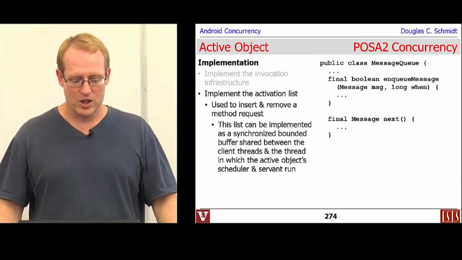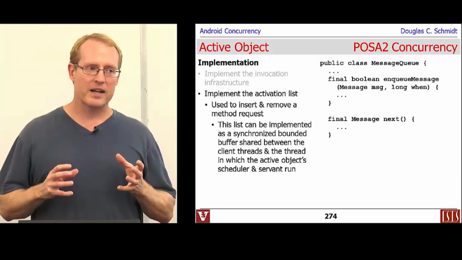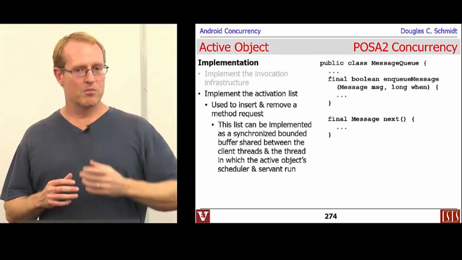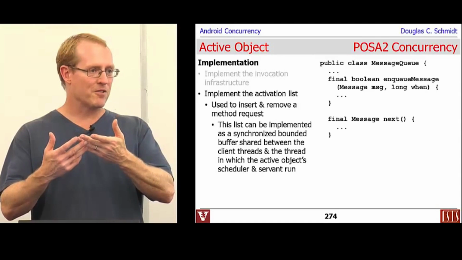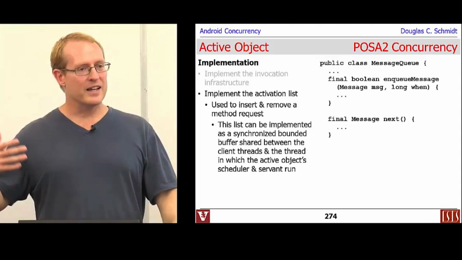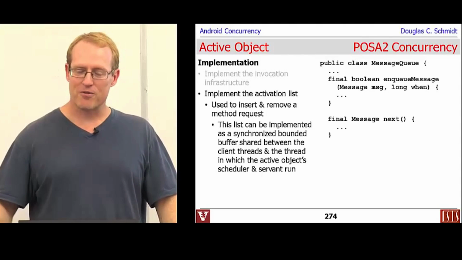Typically, this list is implemented as a synchronized buffer where one or more threads put method requests into the buffer simultaneously in a thread-safe way, and then one or more threads take things out of that buffer in a synchronized and thread-safe way.